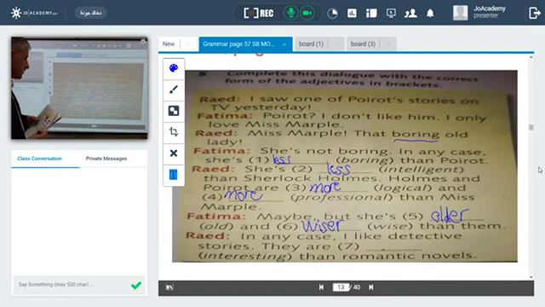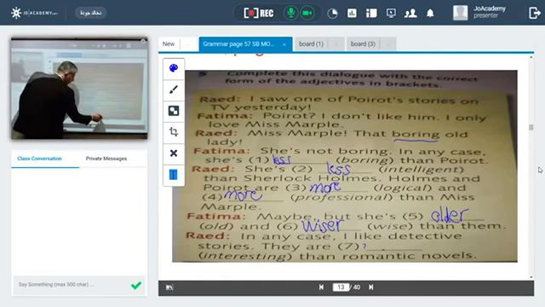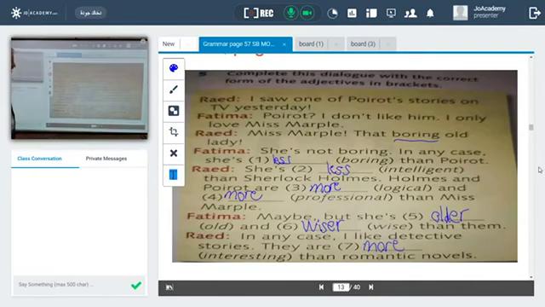They are, we have the adjective interesting. So interesting is 3 syllables. So I can say they are more interesting than romantic novels.